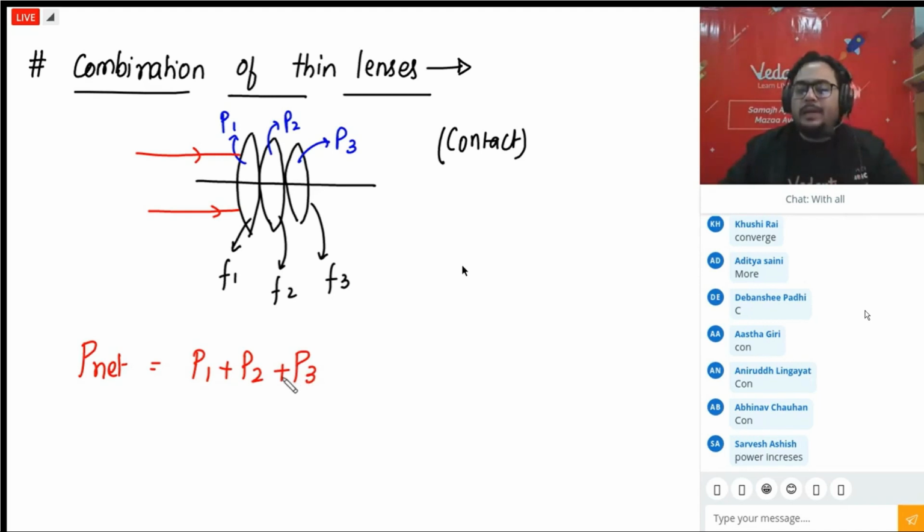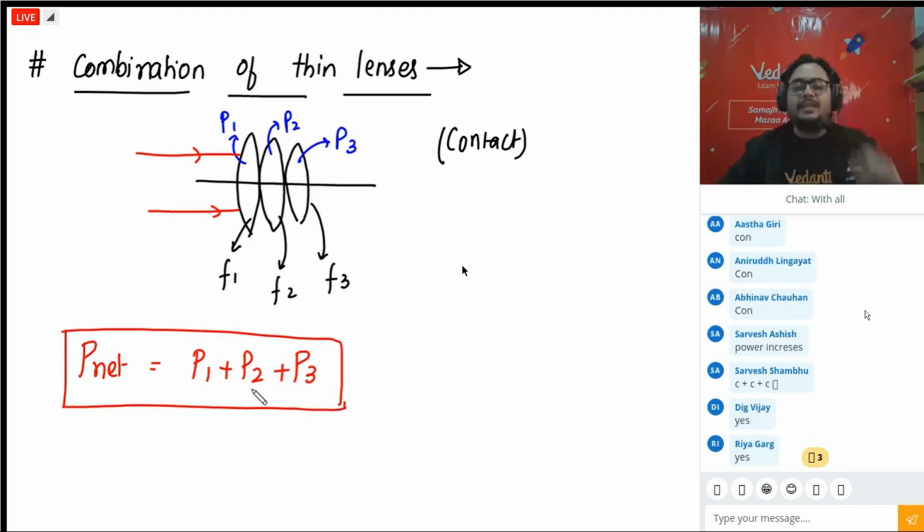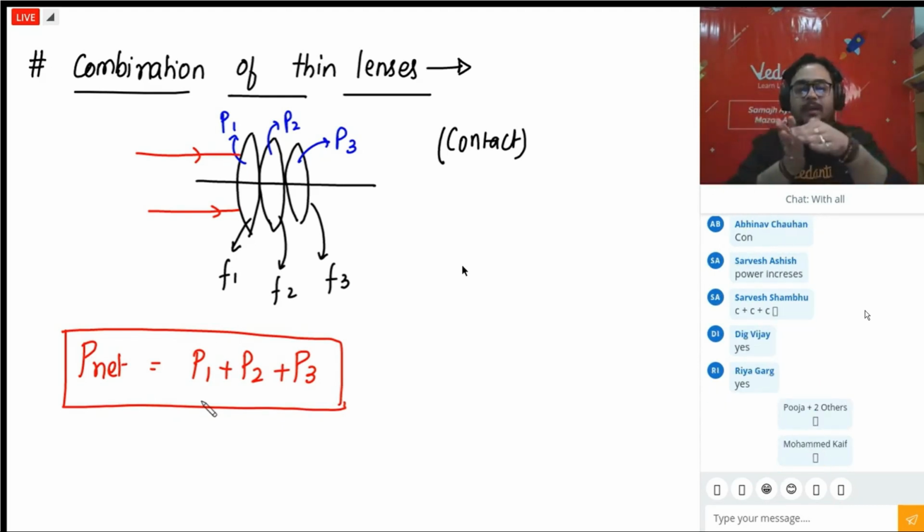Are you getting my point? Now you have to understand one thing. You have to put power with sign in this formula. Suppose if I put one diverging, then that should be taken in negative, na? Because that will not converge, that will diverge. So if I put one diverging in combination with this, then you should put it with negative sign, so that net power decreases, net converging power decreases.